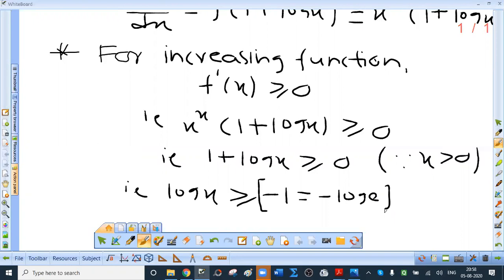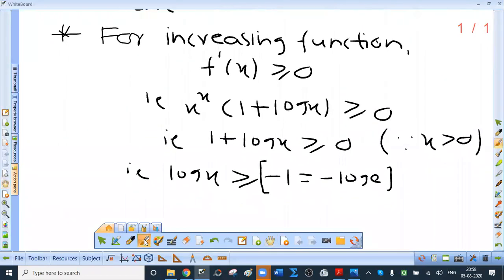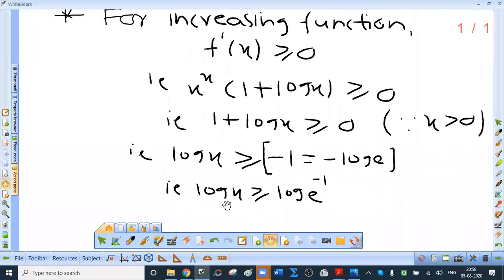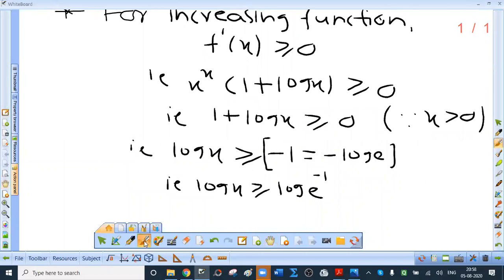So minus log e. And therefore, log x is greater than or equal to, what is minus log e? It is log of e raised to -1. Why? Because n log m is log of m raised to n. And therefore I can say that x is greater than or equal to e raised to -1. That is x is greater than or equal to 1 upon e.